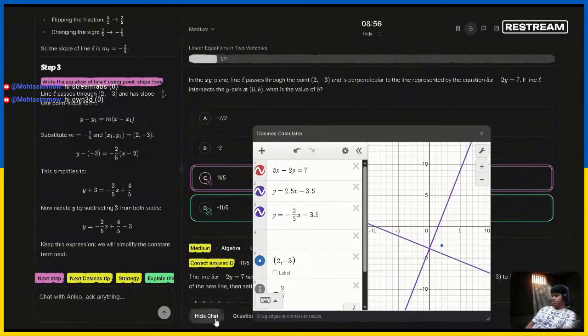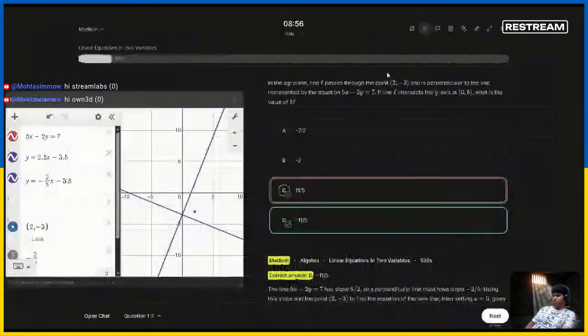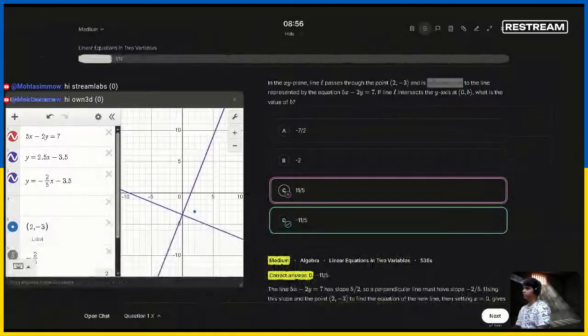You know what? Give me a second. Let me look up how to get this word. This is the important word. How to turn y equals mx plus b into a perpendicular line.